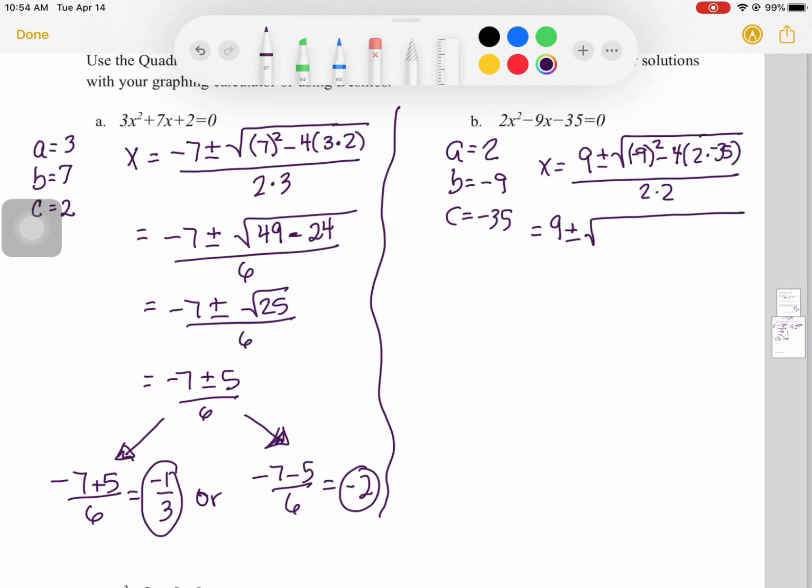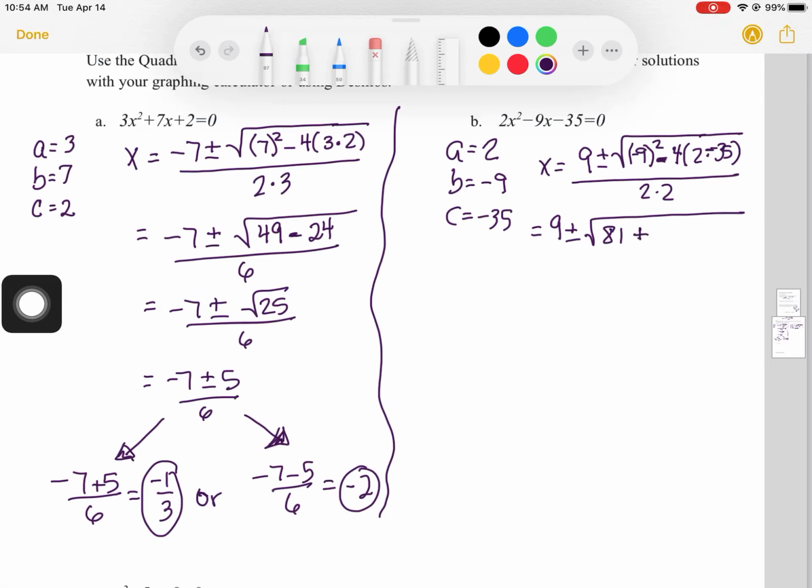So 9 plus or minus the square root of, negative 9 squared is 81. Positive 81, not negative 81, positive 81. Then, notice I've got a minus 4 here, but I've got a negative 35 in the parentheses.